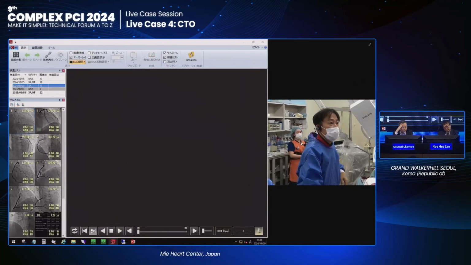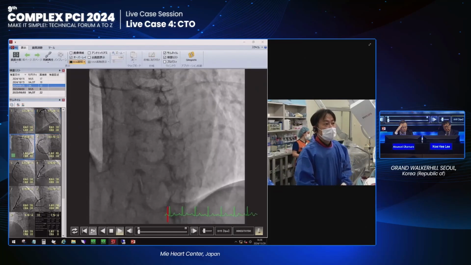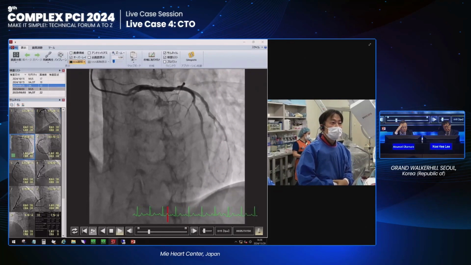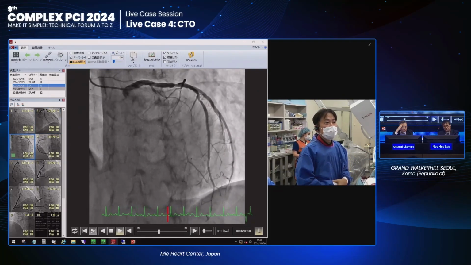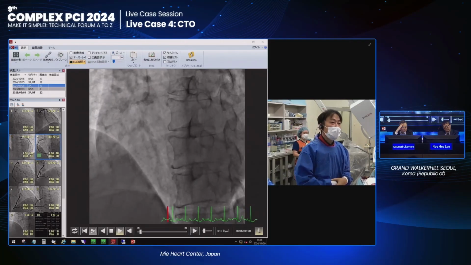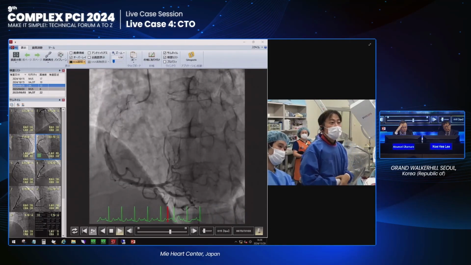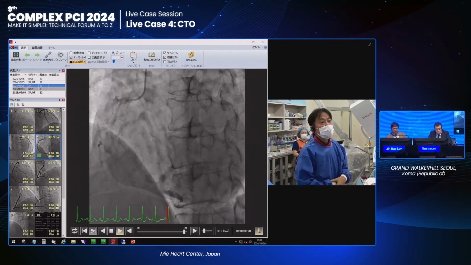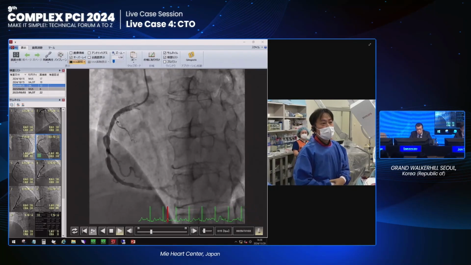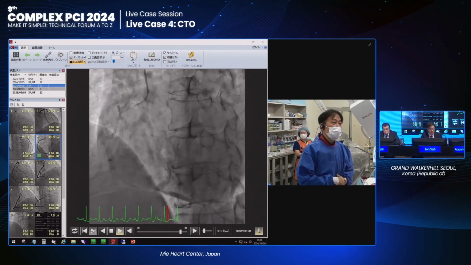This is a cranial view. In the cranial view, we can see the tapered stump. This is the right coronary artery. You can see septal collaterals supplying the distal landing zone.